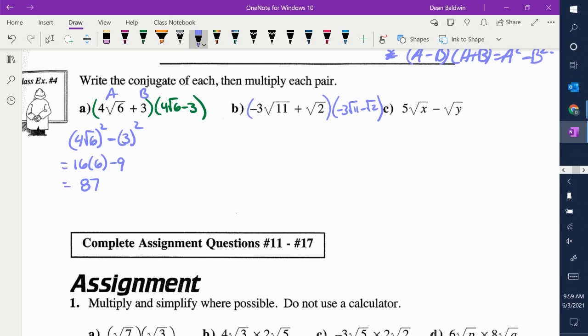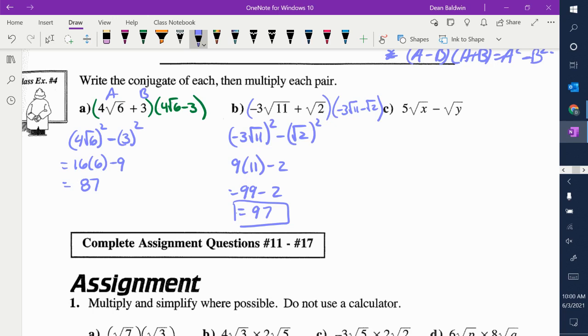This one I'll freeze it so you can't see. I don't care if you do it the long way or the short way. We ready?